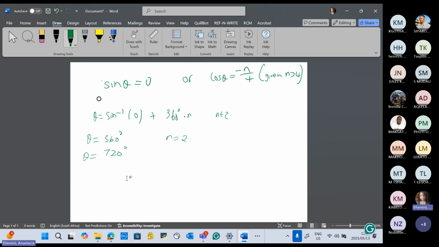Then where are we ending? Since we are not allowed to use the 720, we need to use 360. Then our upper bound will be 360, right? And our lower bound will be 0, isn't it?